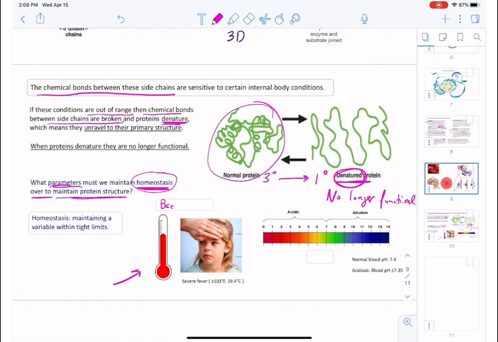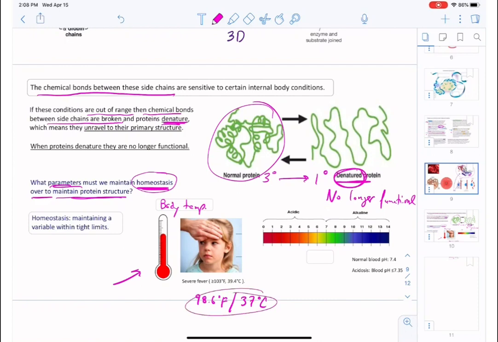Well, one of those is body temperature. We want to maintain our body temperature at about 98.6 degrees Fahrenheit, which is about 37 degrees Celsius.